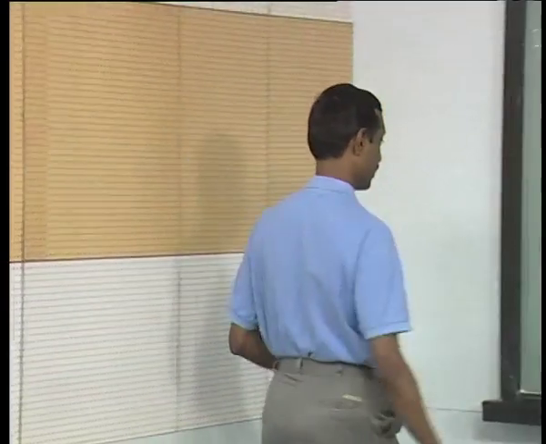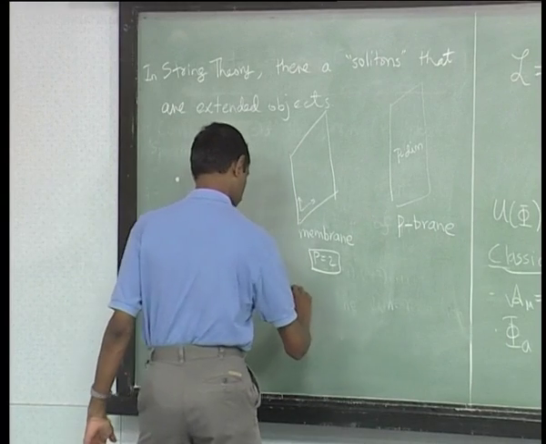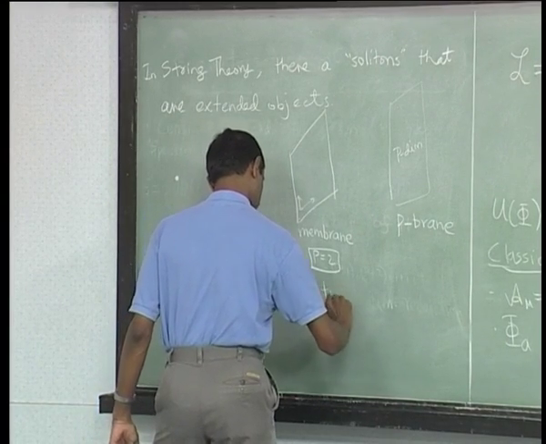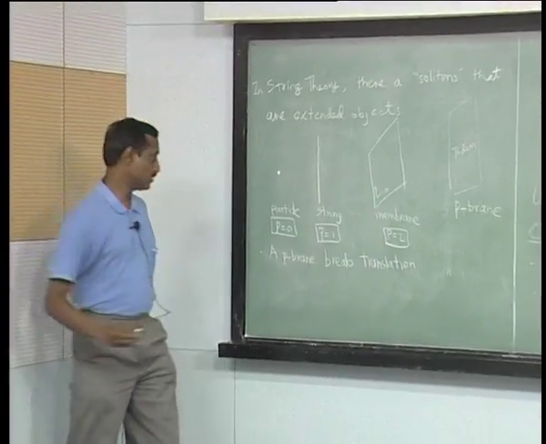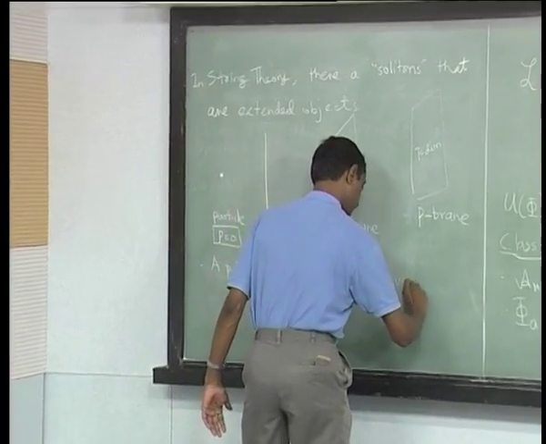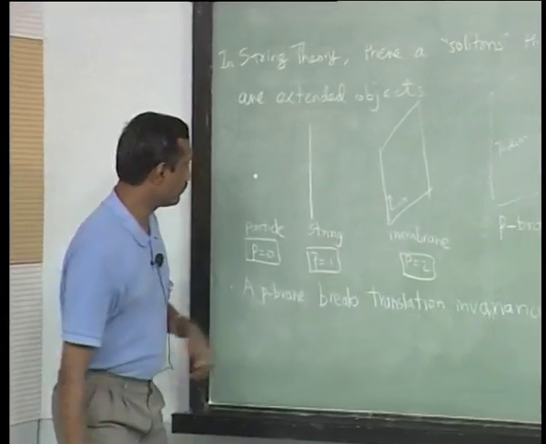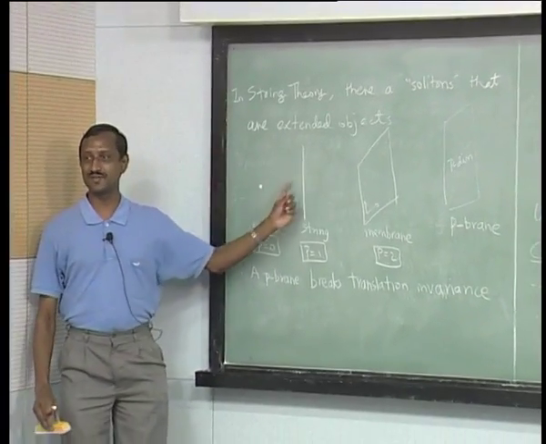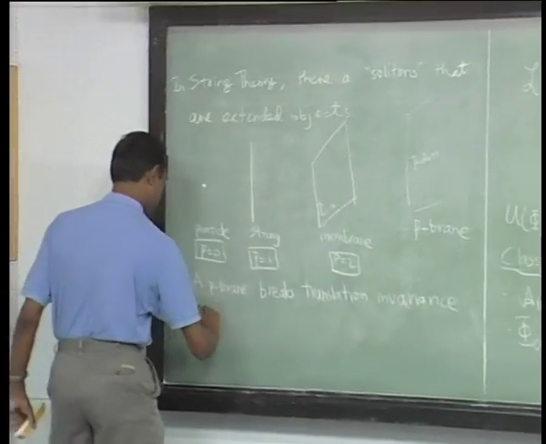So in a p brane, you do not break translation invariance in p plus 1 dimensions, and you break it in 9 minus p. I should mention that these are objects living in 9 plus 1 dimensions. So for pictures I will use this and generalize, translation invariance broken in 9 minus p directions.